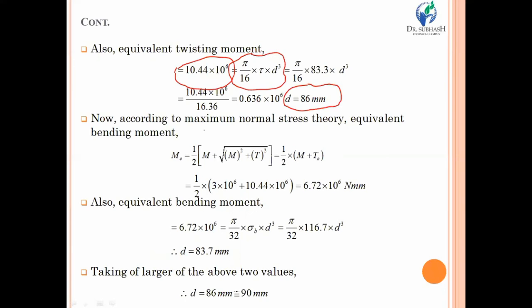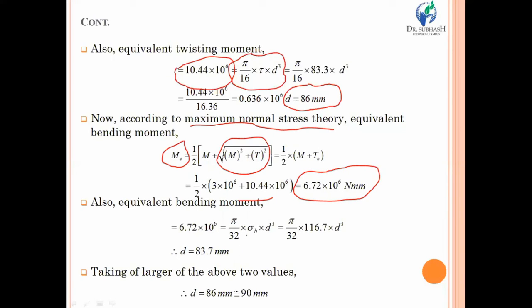Now, if you are designing based on maximum normal stress theory, you should go for the equivalent bending moment, and the equivalent bending moment relation is 1/2 of M plus under root M square plus T square. Ultimately, this includes the equivalent twisting moment that we have already calculated. Put that value over here, and by solving that relation, you will have the equivalent bending moment equal to 6.72 into 10 raised to 6.